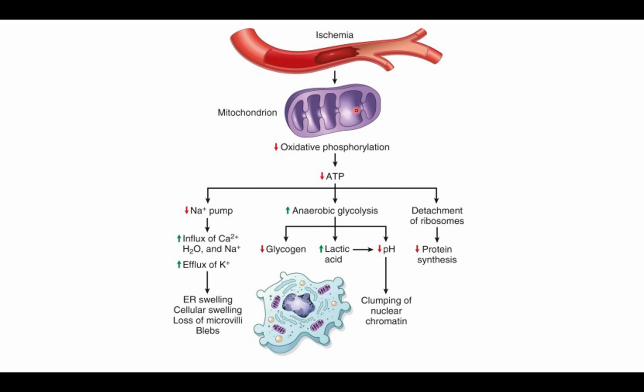They're not going to get as much oxygen as they need, so they're going to decrease the amount of oxidative phosphorylation. Therefore you're decreasing the amount of ATP, right? And if you decrease the amount of ATP, these are the things we just talked about. You're going to decrease the sodium pump, which is going to cause sodium to come in. That's going to cause water to follow, so the cell is going to swell.